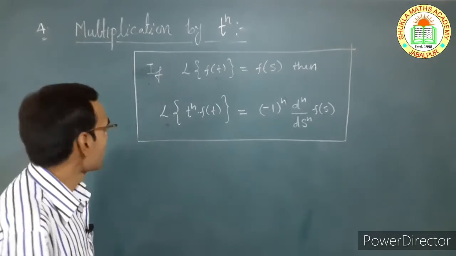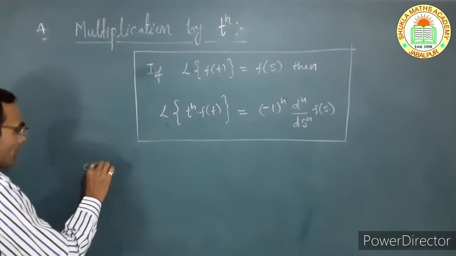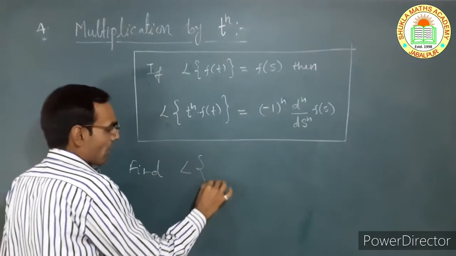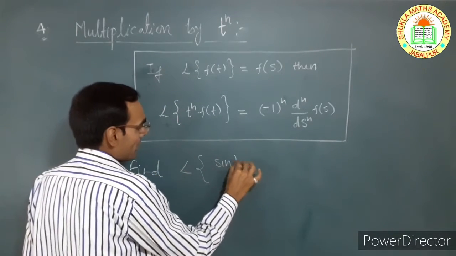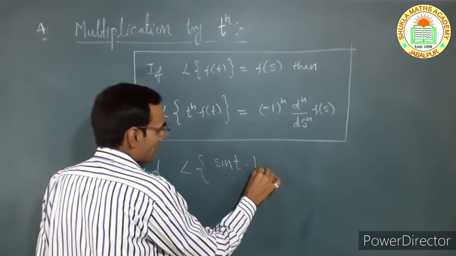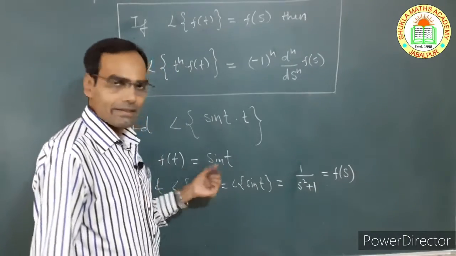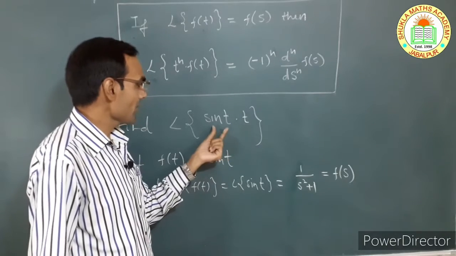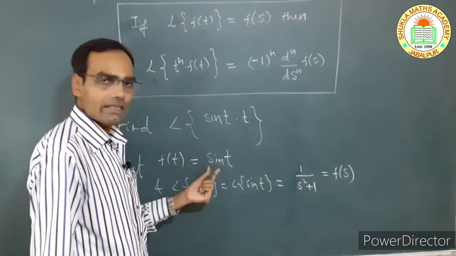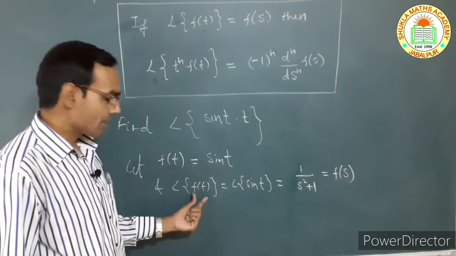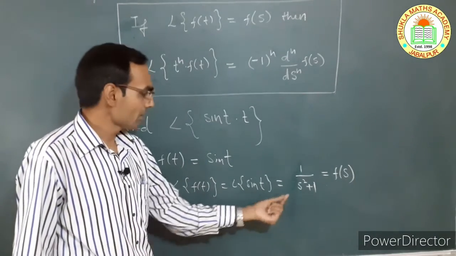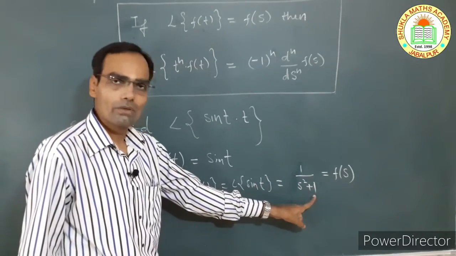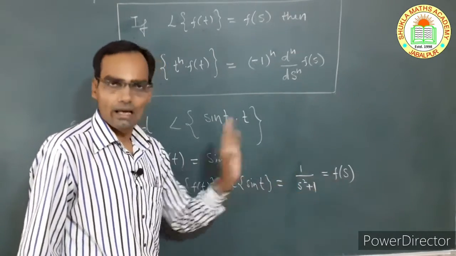For example, suppose we have to find the Laplace transform of sin t into t. Now let f(t) be sin t, because the multiple of t here is sin t, so we take that as f(t). The Laplace of this f(t), that is Laplace of sin t, we know is a upon s square plus a square, where a is 1, so 1 upon s square plus 1, and that is F(s).